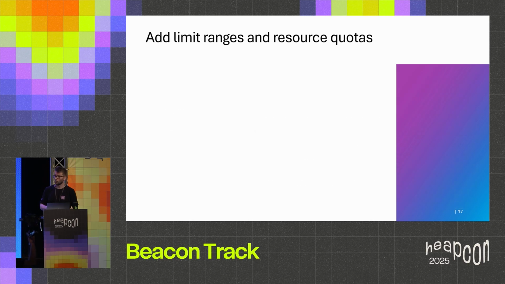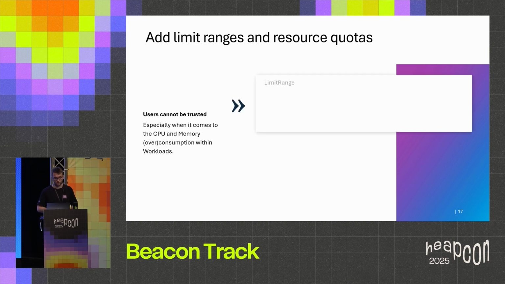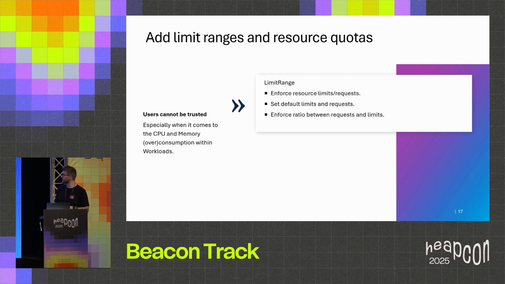Next step, we will go a step further, adding limit ranges and resource quotas. Why? Because users, in a nutshell, as you all know, cannot be trusted. So we have these limit ranges, which enforce limits and requests across the namespace. They also help us set default resource requests and limits, and in addition, they enforce a ratio between the default limits and requests, and they are applied per namespace.